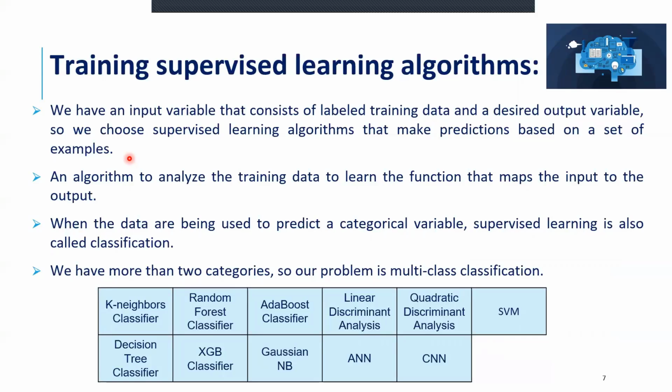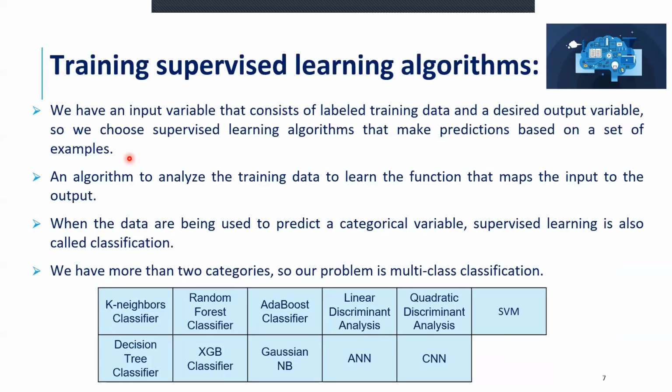So we choose a supervised learning algorithm that makes predictions based on a set of examples. This supervised algorithm analyzes the training data to learn the function that maps the input into the output. And the purpose of this study is sound classification.